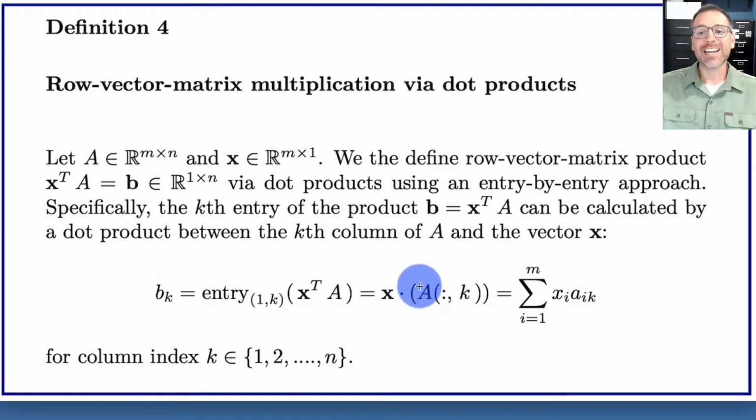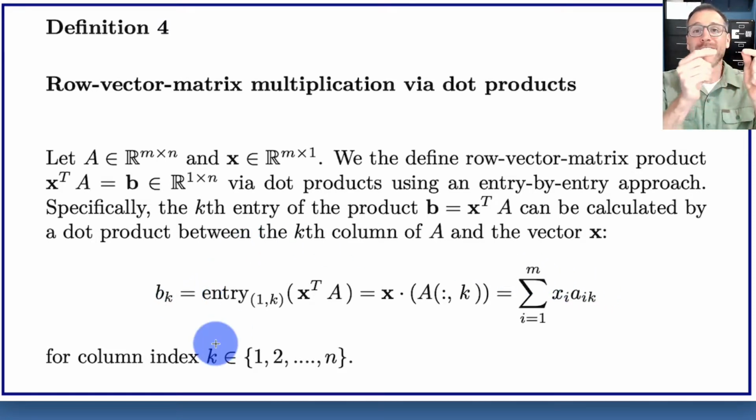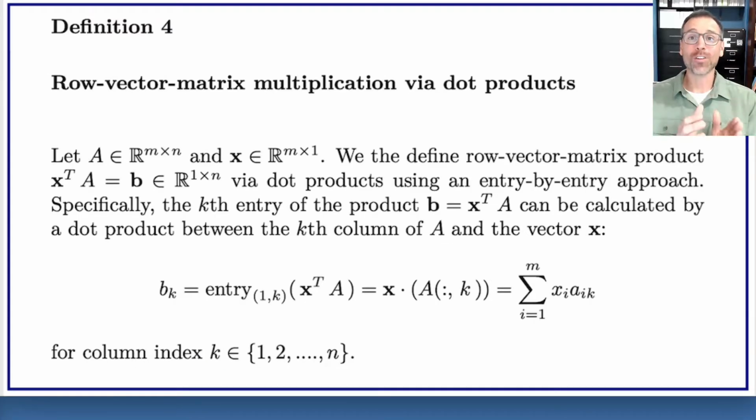If we look at an entry by entry definition, we can write this dot product using the summation i goes from 1 to m of x sub i times a sub i k, where the index on entries of x matches the row index on entries of A, and the column index on entries of A matches the entry number for the output we desire. And that's true for all values of k running across the row vector output that we want. We want to develop an algorithm to implement this.